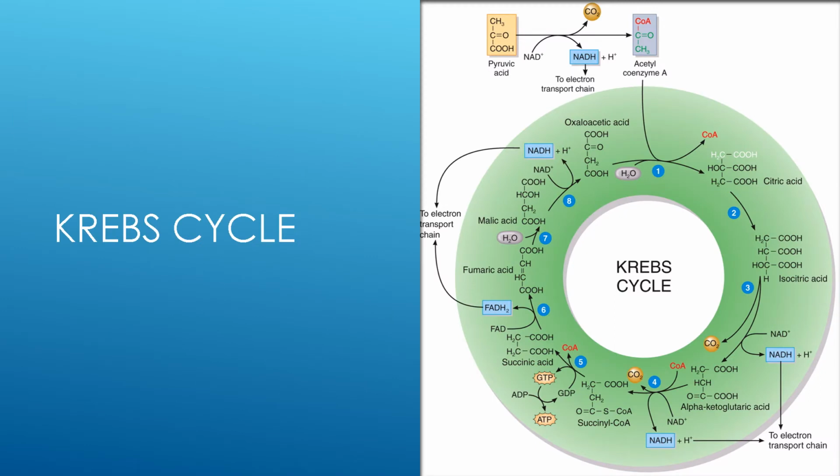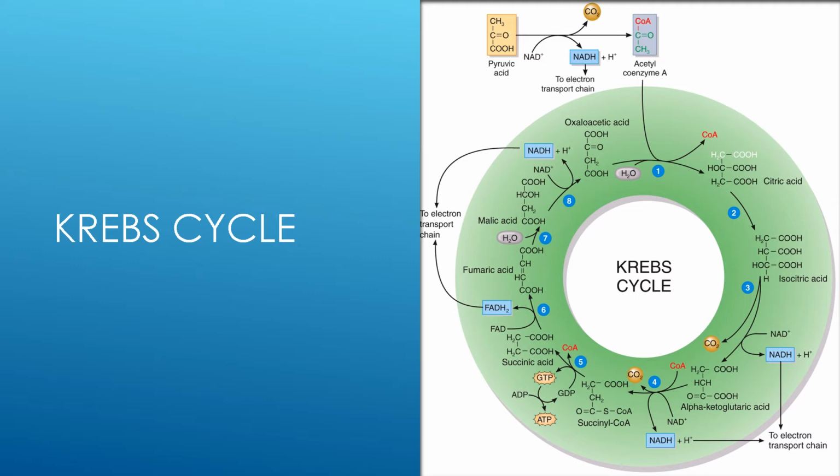This figure shows the reactions of the Krebs cycle in more detail. This one is more just for your interest and information, because for this class we don't really need to memorize the Krebs cycle in detail. We essentially just have to know the products of the Krebs cycle, the inputs and the outputs.